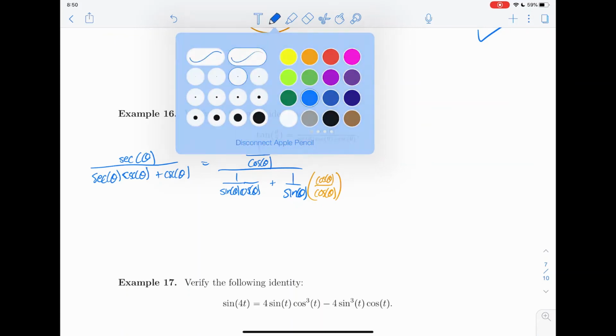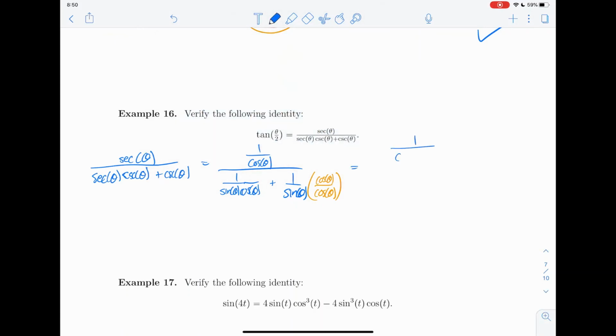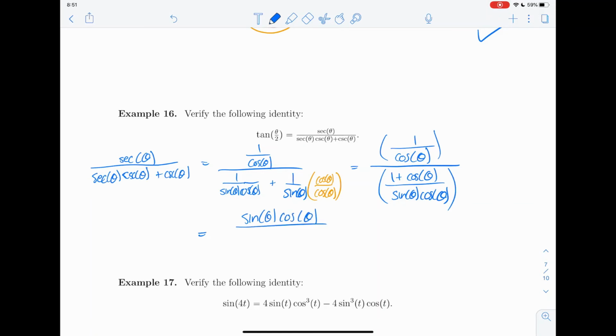And that'll convert this entire thing into a 1 over cosine of theta, all divided by 1 plus cosine of theta divided by sine theta cosine theta. And now we have a fraction over a fraction, so we can use keep change flip, and we can turn this into sine of theta cosine of theta divided by cosine of theta times 1 plus cosine of theta, for which these two cosines will cancel.